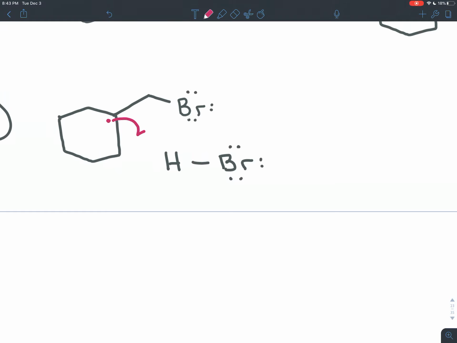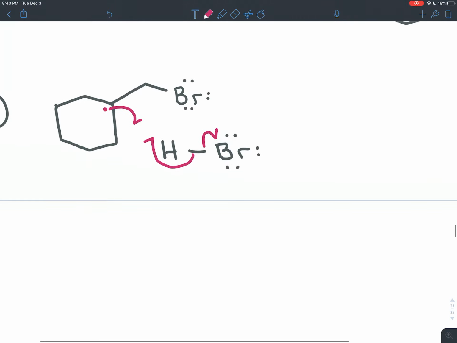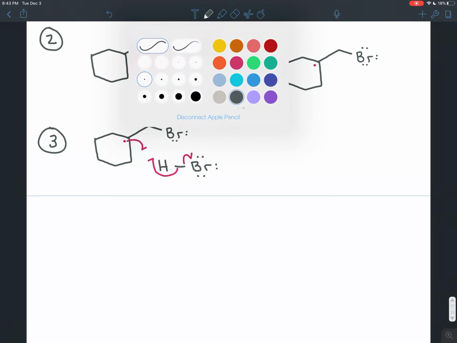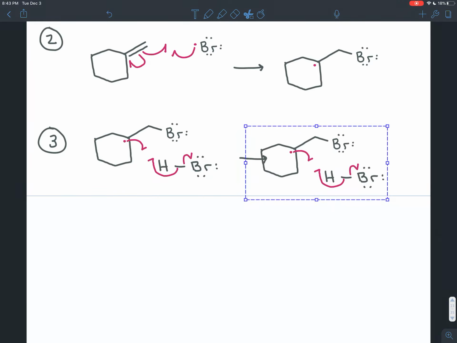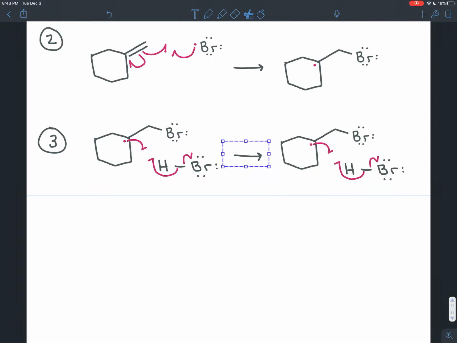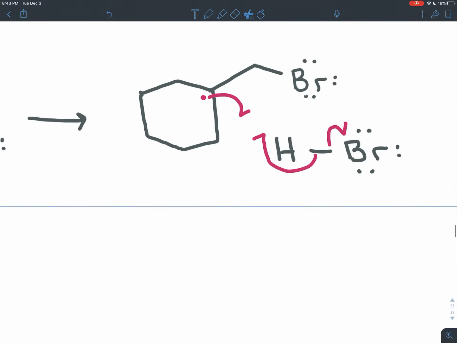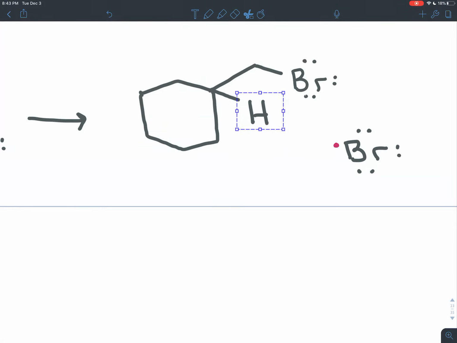It will contribute its 1 electron, the hydrogen will contribute 1 electron, the other electron in this bond will snap back onto the bromine. So the result will be that this bond will break, one of the electrons will become a radical on the bromine, and the other electron will pair with the radical that existed on the carbon to form a new bond between that carbon and the hydrogen.